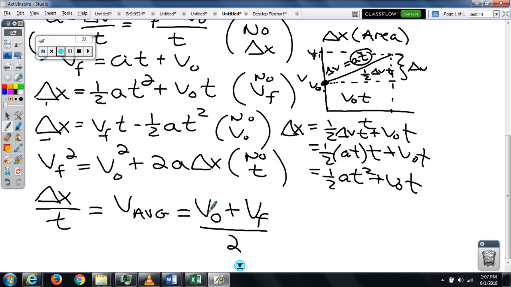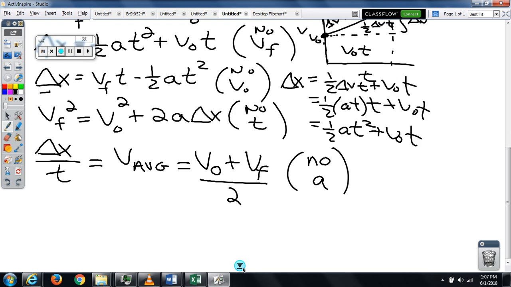So you're taking these two velocities and dividing by 2. This only works because we're dealing with constant acceleration, so these two velocities have equal weight in the average. So I can just add these two values and divide by 2, and I get the average velocity. That's a way to bypass using acceleration, only for constant acceleration objects. So this one has no acceleration in it. So those are the big 5.